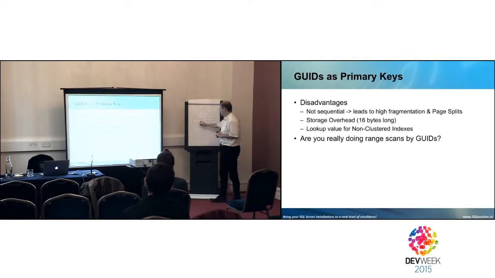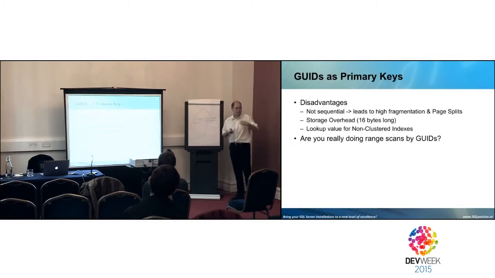In that case, we have all A's at the beginning, then we have the B values, we have the C values, maybe we have here D values, F values. Just pre-sorted, like in a phone book. Phone book is pre-sorted, clustered on last name, first name.